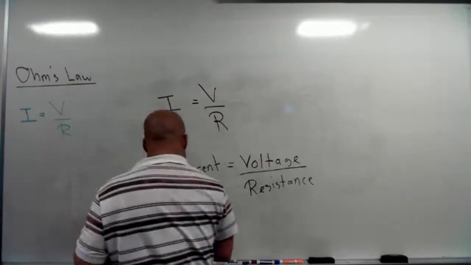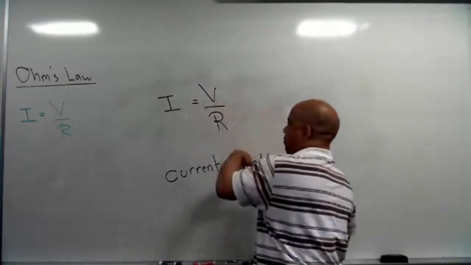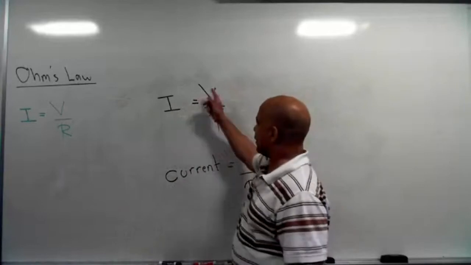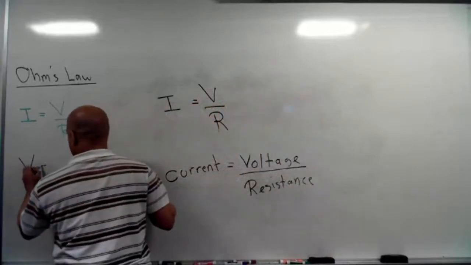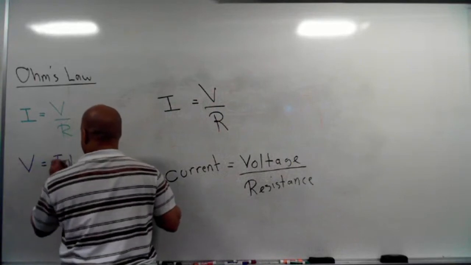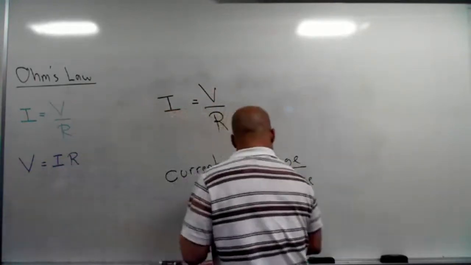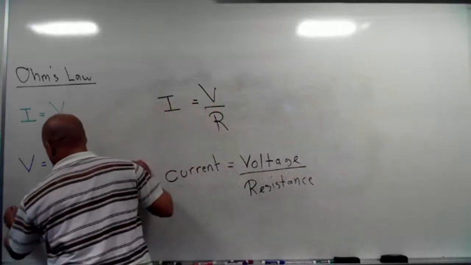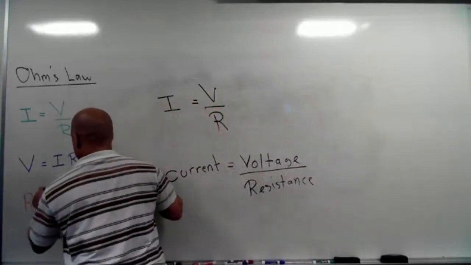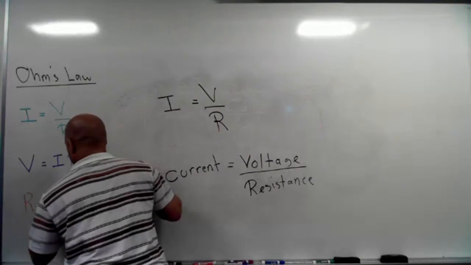But you should also be able to solve for any of the three variables in this equation. So I is V over R, V equals I times R, and R equals V over I.